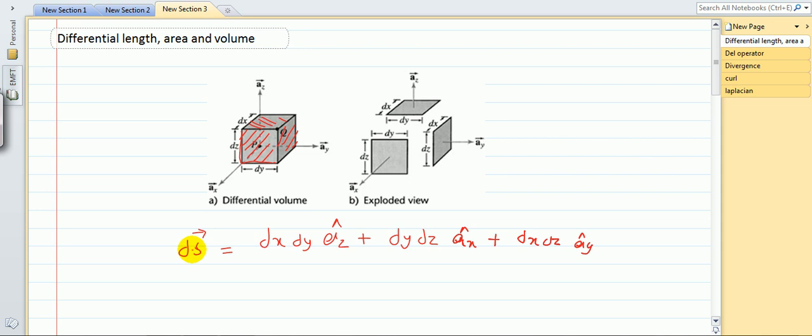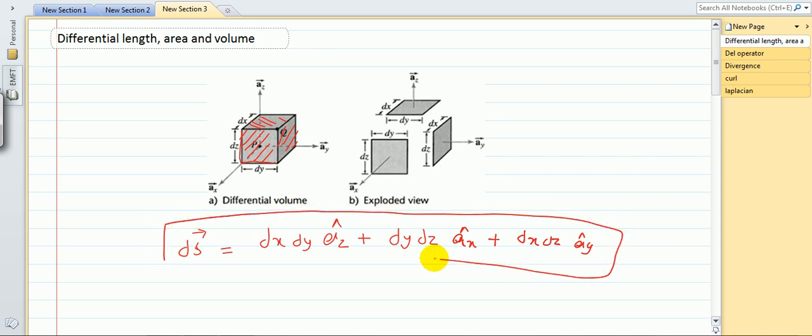This is the differential surface area vector for the rectangular coordinate system.